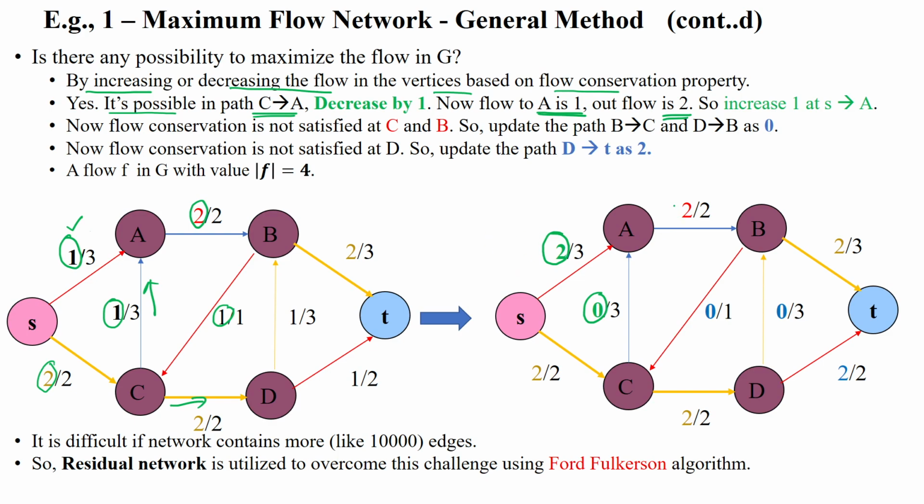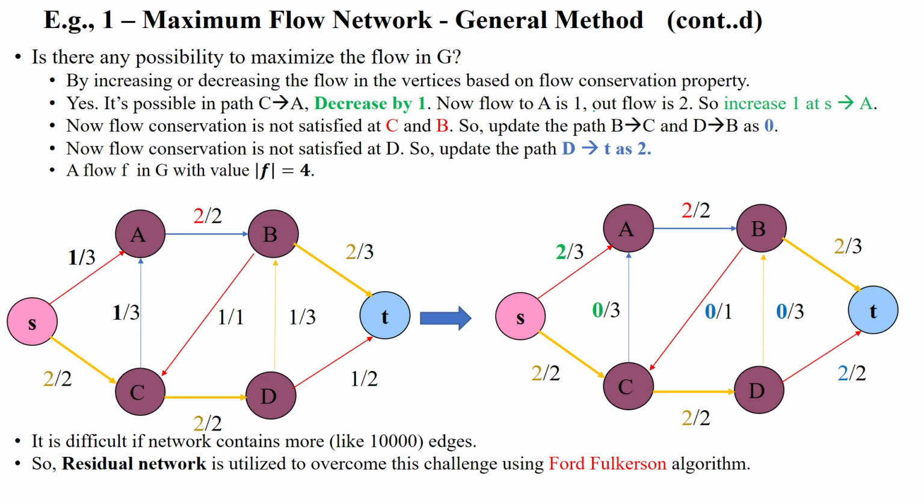After that I am checking S2: incoming and outgoing are also 2, right? Here 2 is incoming, but at C, 3 is incoming, so I have to change this. Flow conservation is not satisfied at C and at B. At B, 2 units incoming but outgoing is 3, so that's what we have to change.